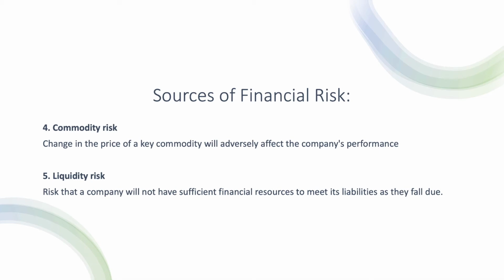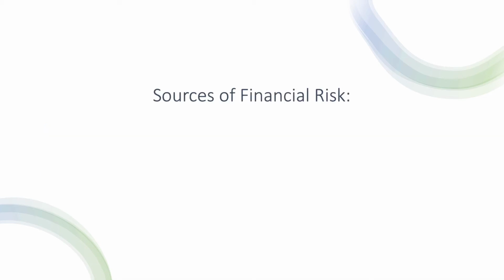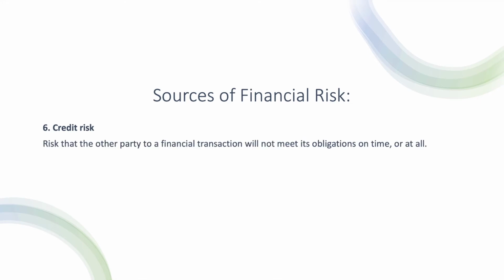Credit risk. The next one is credit risk. What is credit risk? It is the risk that the other party to a financial transaction will not meet its obligations on time or at all.